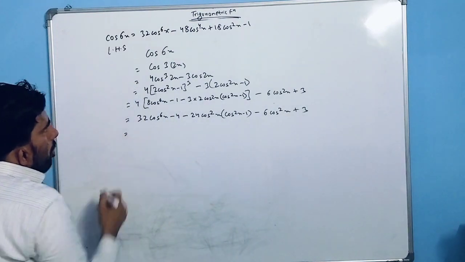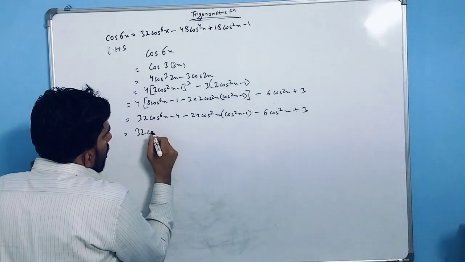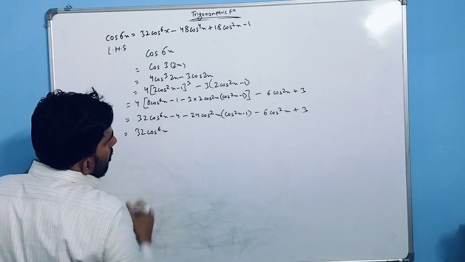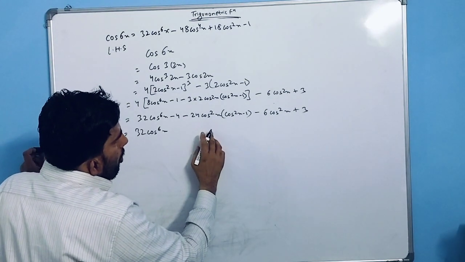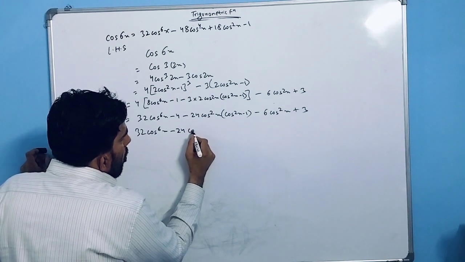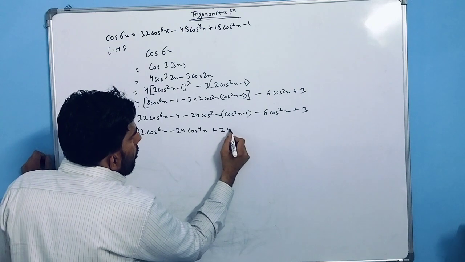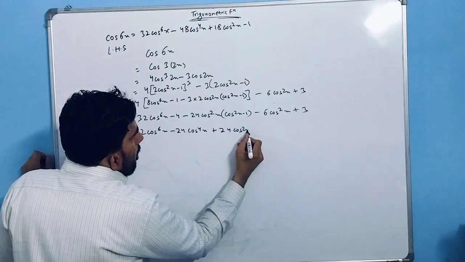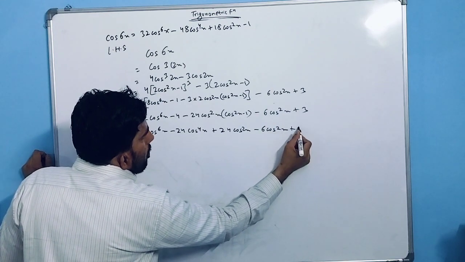Now we can see here 32 cos to the power 6 x, then minus 24 cos to the power 4 x plus 24 cos square x minus 6 cos square x plus 3.